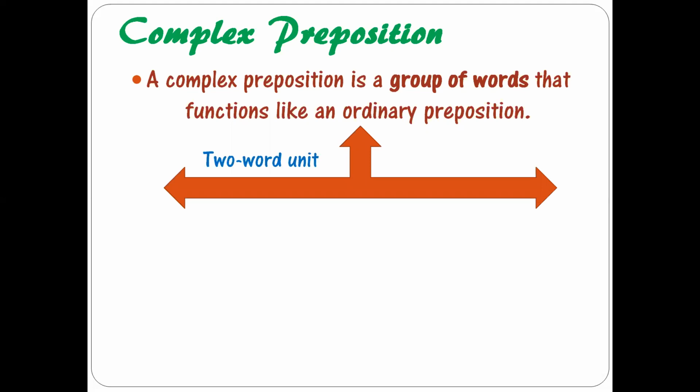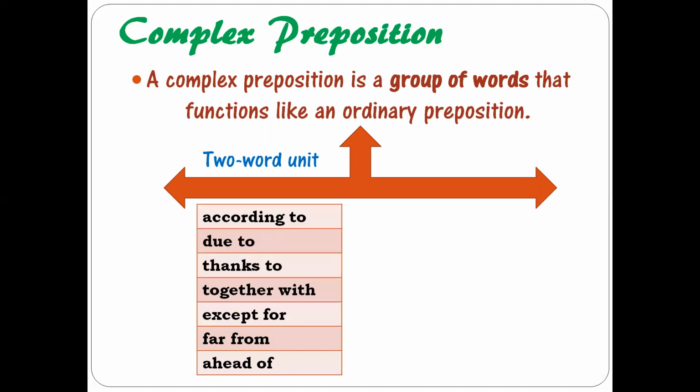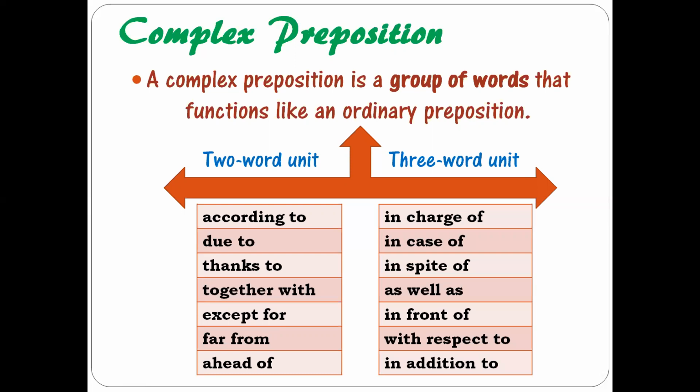It can be a two-word unit, where you have only two words which you are using as a group, like according to, due to, thanks to, together with, except for. And another is the three-word unit category, where we use three words, like in charge of, in case of, in spite of, as well as. So these are a few examples of complex prepositions.